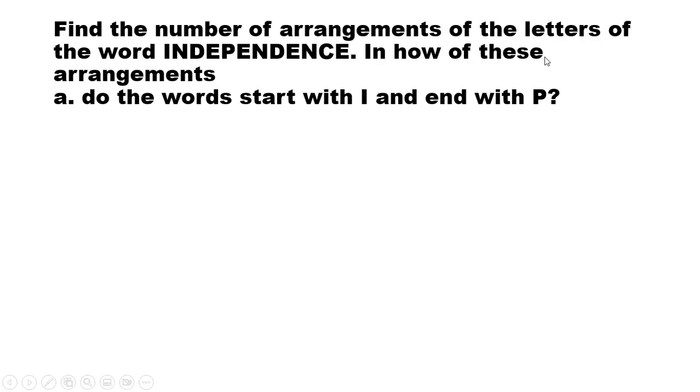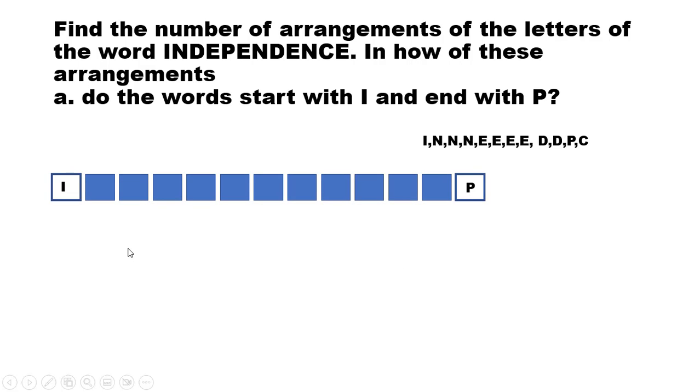Find the number of arrangements of the letters of the word independence. In how many of these arrangements do the words start with I and end with P? First we write down the available letters, and then we know that the letter starts with I, ends with P. So we fix that up, and after that we use the remaining letters or the placeholders here.